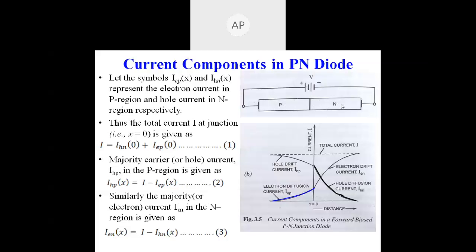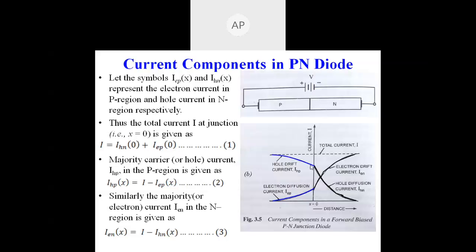In the P region the majority carriers are the holes, and in the N region the majority carriers are the electrons. So these majority carriers will combine with electrons; the holes will combine with electrons. So the majority carriers will flow or combine because an external force is applied.